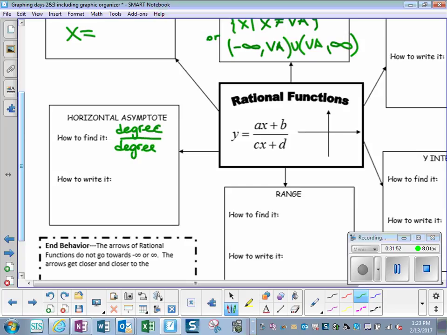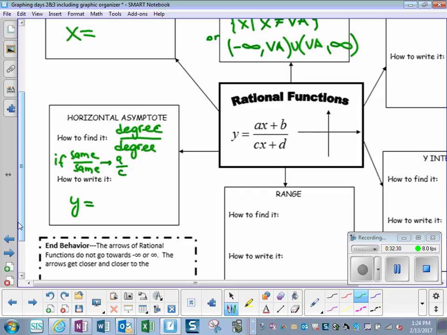If the degree is exactly the same, then your horizontal asymptote would depend on the leading coefficients A and C. So then it's A divided by C. That's your horizontal asymptote: y equals A divided by C.